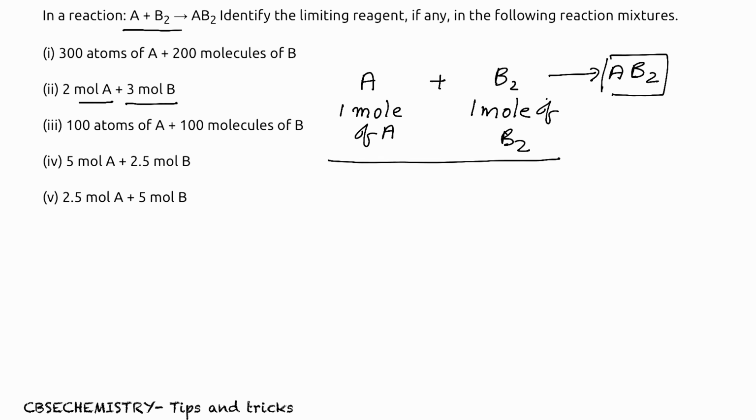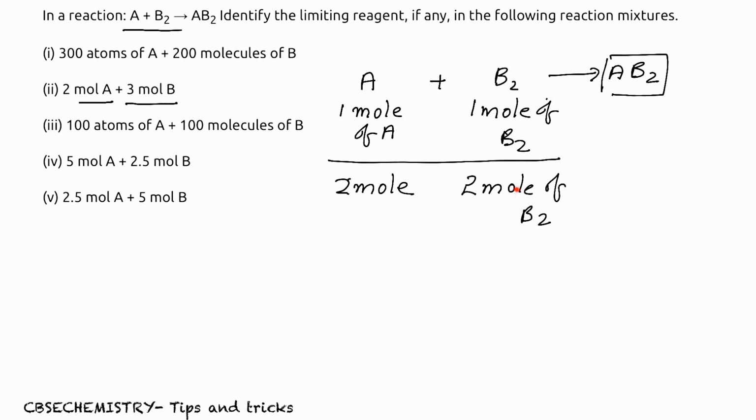Now check the question. How many A is there? 2 mole, correct? 2 mole require 2 mole of B2, as 1 mole of A requires 1 mole of B2. You understand what I'm saying?